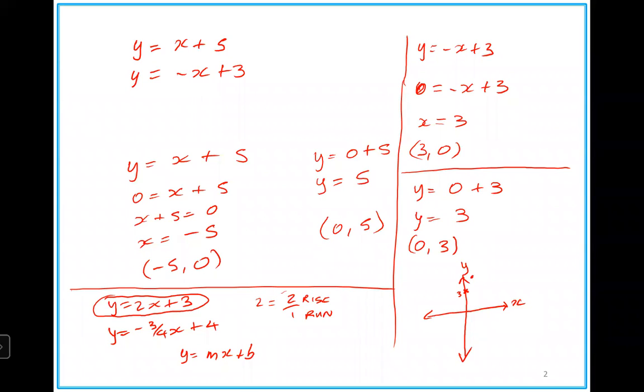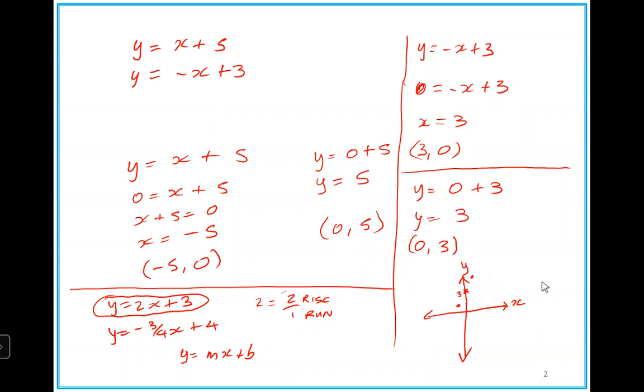So if you go down 2, you might end up somewhere here, and it would still be in line with the slope. The slope would still be the same.